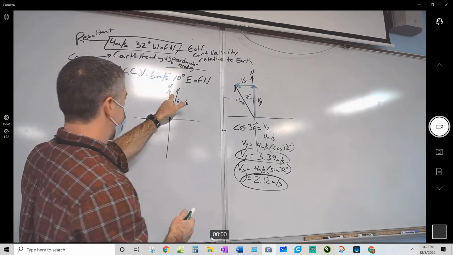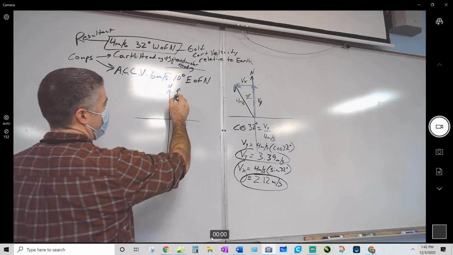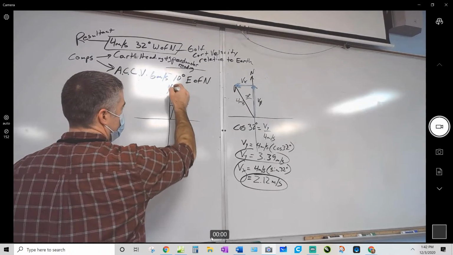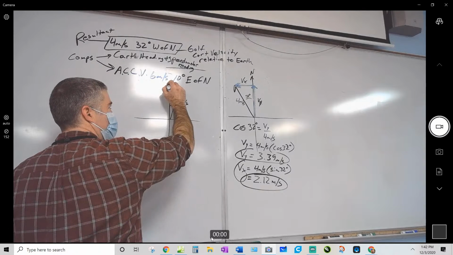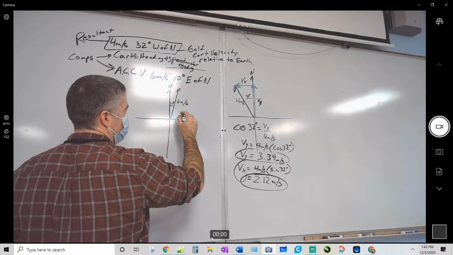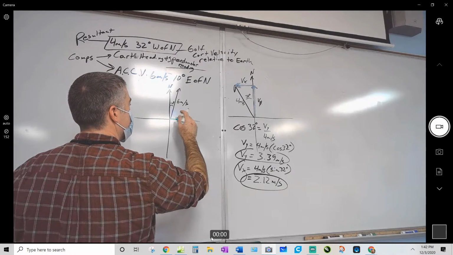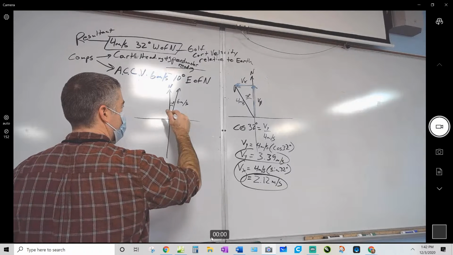So this is, and I realize this is kind of a mess, but I'll try to clean it up in a little while. So this vector, I could do it this way. I could say, here's the y component, here's the x component, or I could go over and do the x first, which I think I will, just for the heck of it. No, I'm not going to do that because I know that angle. So it's better to draw it this way.